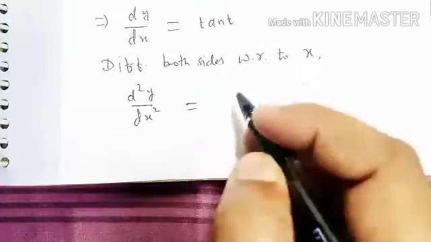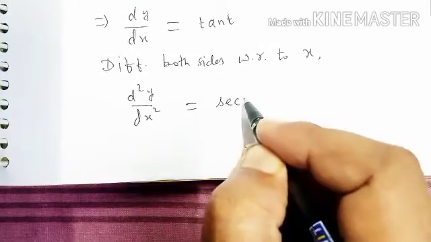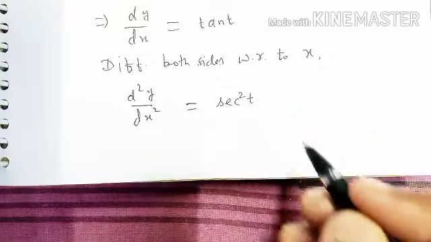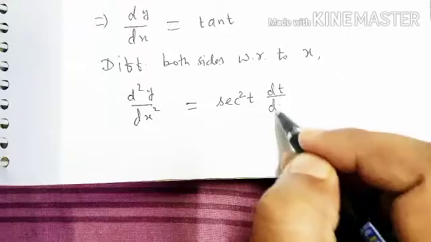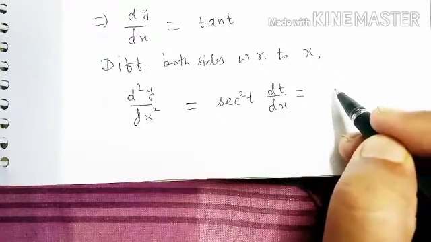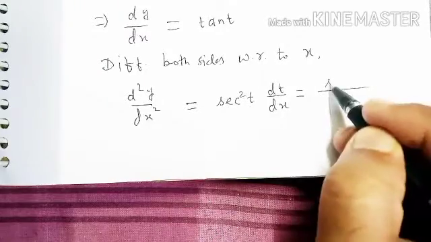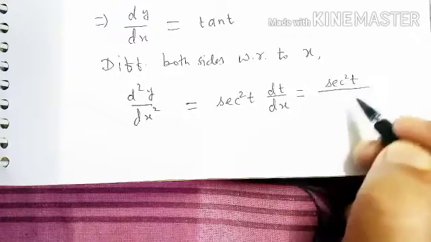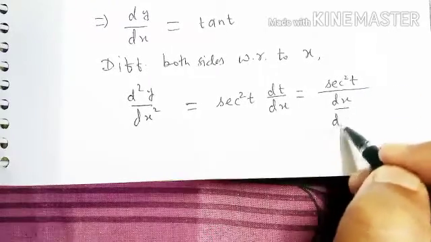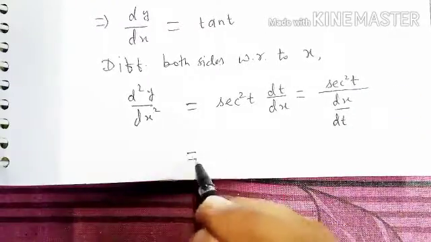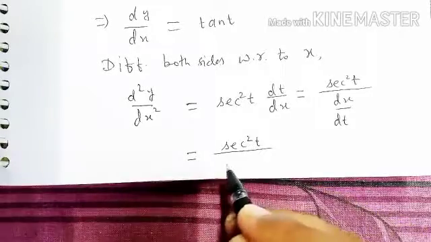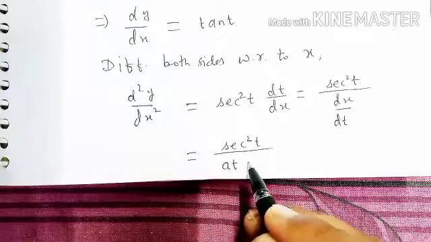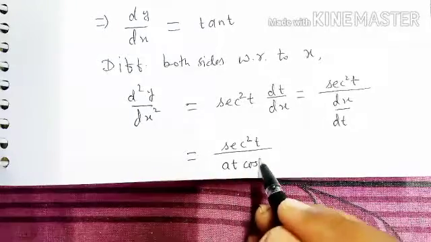So the derivative of tan t is sec square t dt by dx. Here we apply the chain rule. Now sec square t times dt by dx, where we have obtained dx by dt as a t cos t.